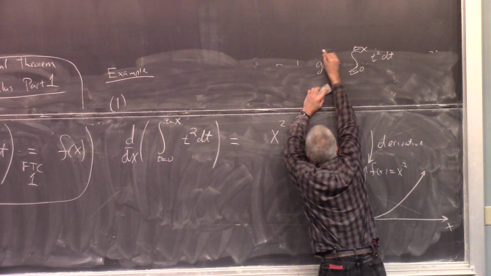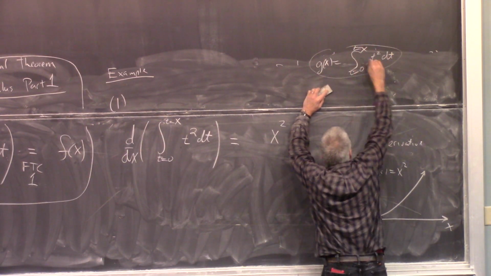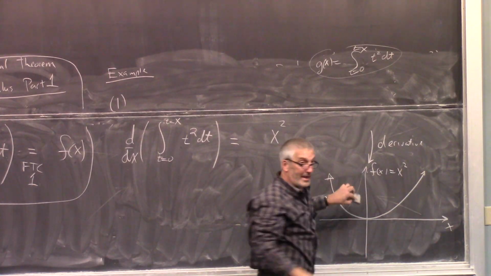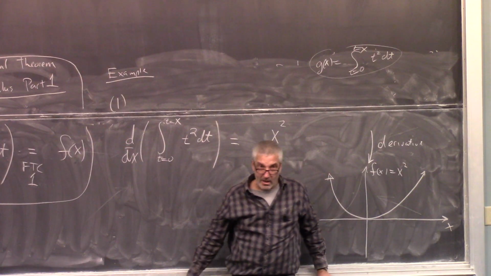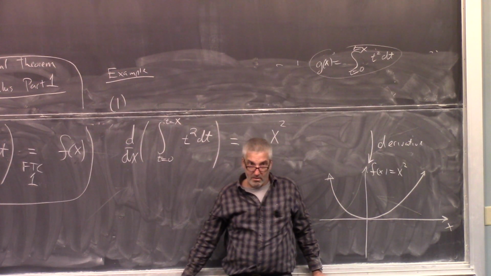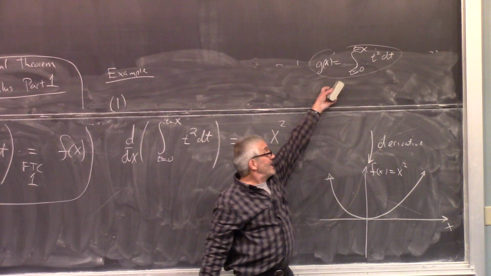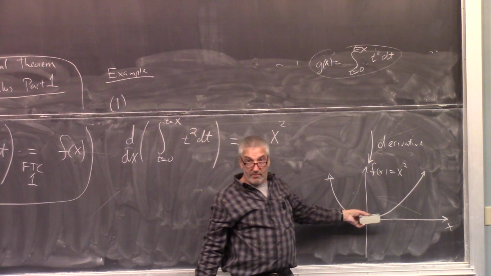If I take that thing and I take its derivative, I get this. So in other words, this thing is an antiderivative of this thing.